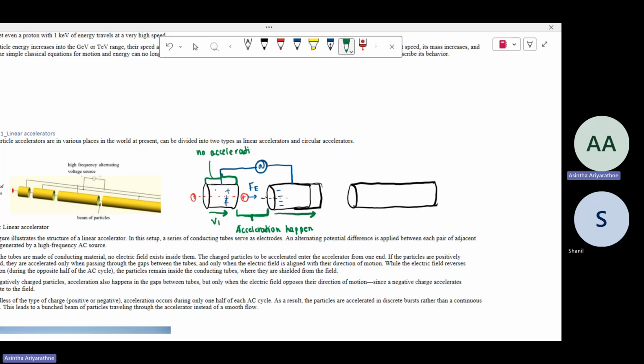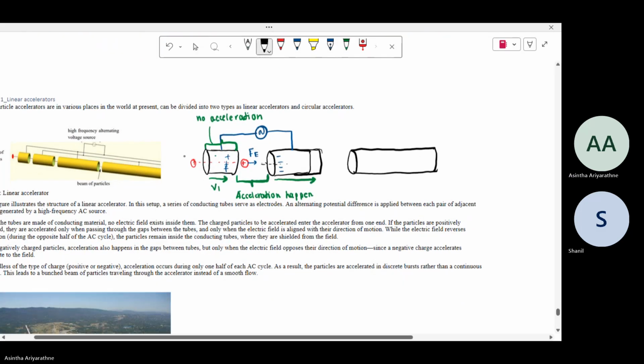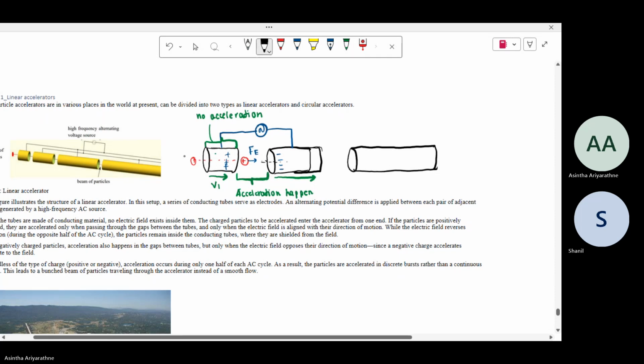Inside the electrode, no acceleration happens. Acceleration only happens during this, within the gap. So acceleration happens here.